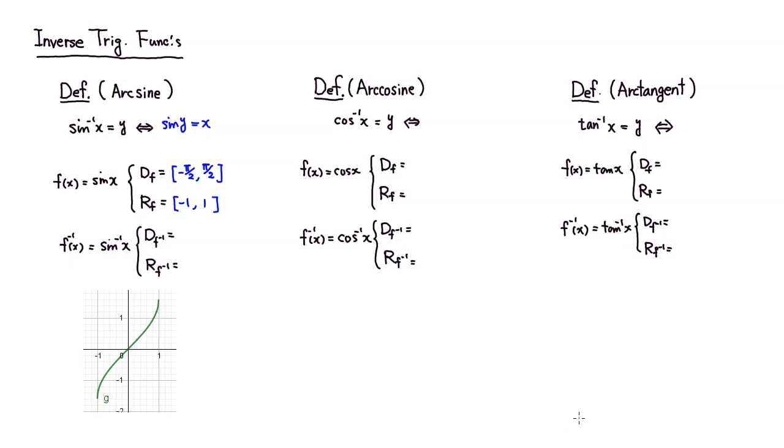You can see that the domain of arc sine is the range of the original function, so it's going to be -1 to +1. You can see it going from here to there. The range is going to be the original restricted domain, -π/2 to +π/2.